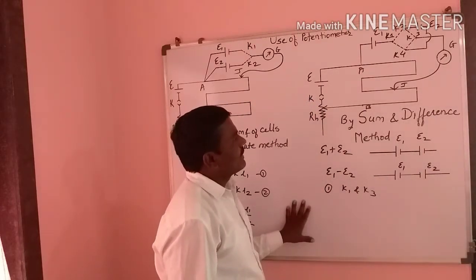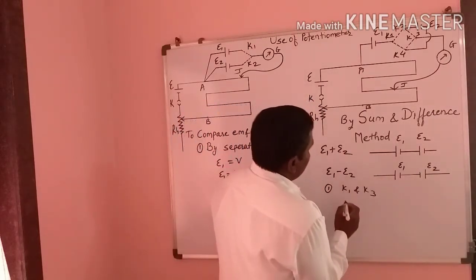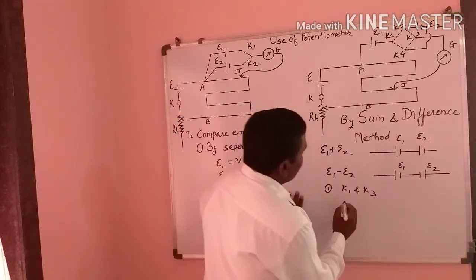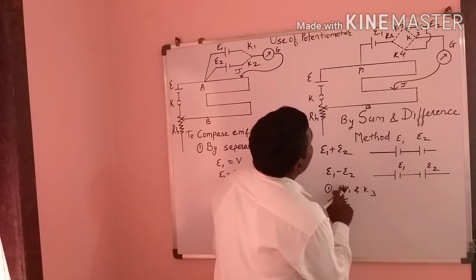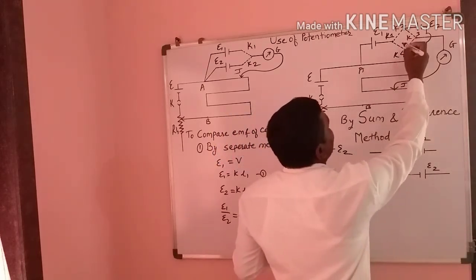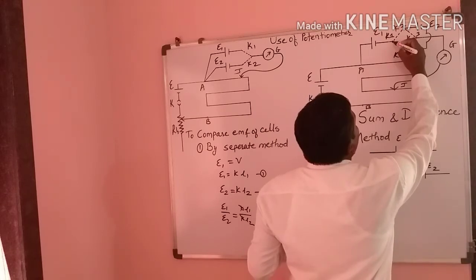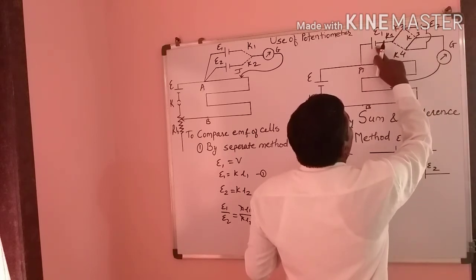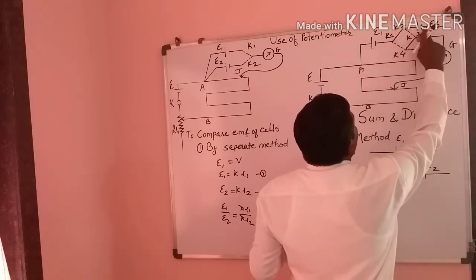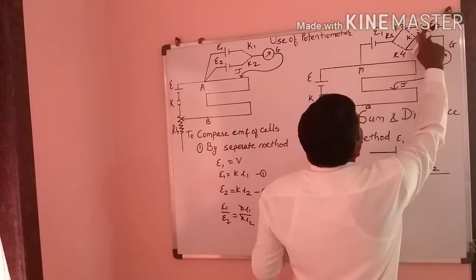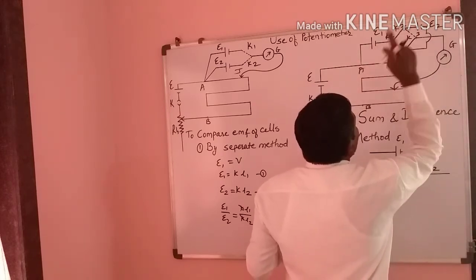If K1 and K3 are closed, the positive terminal of one cell is connected to the negative of the other and the negative to the positive.